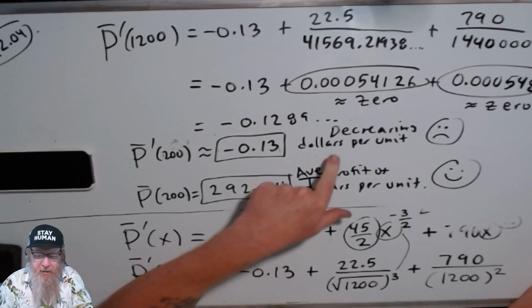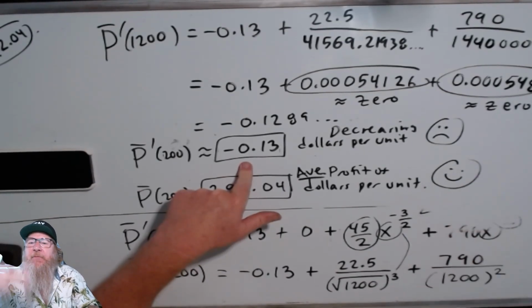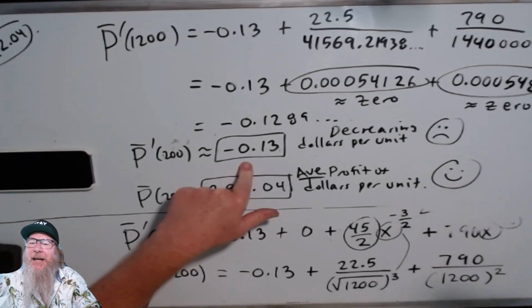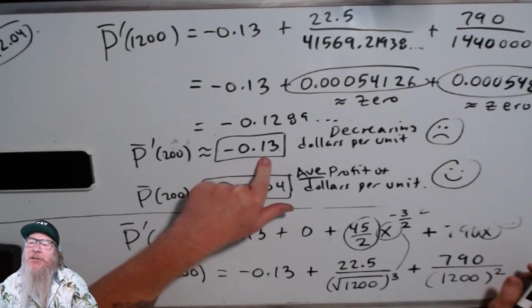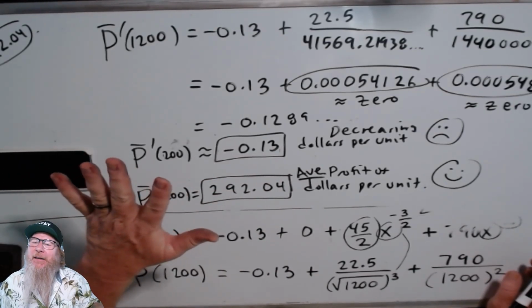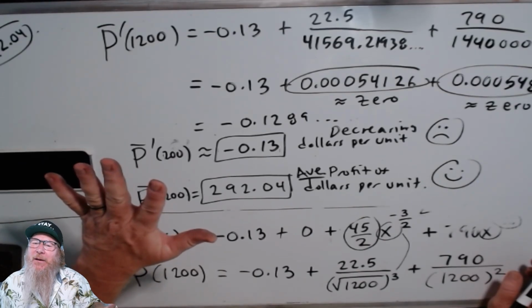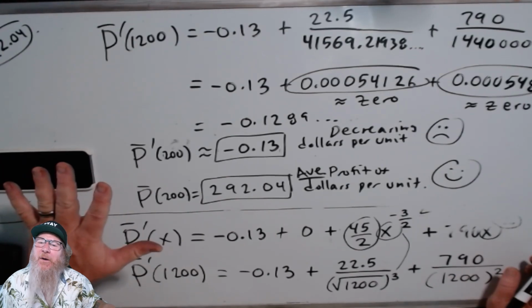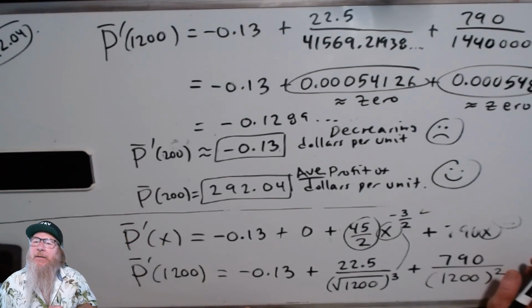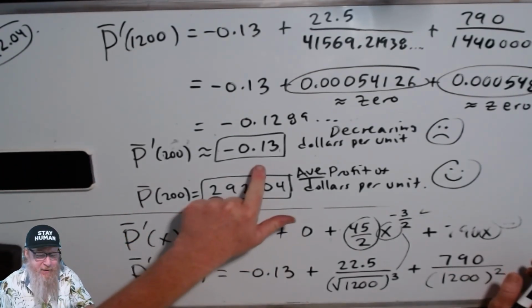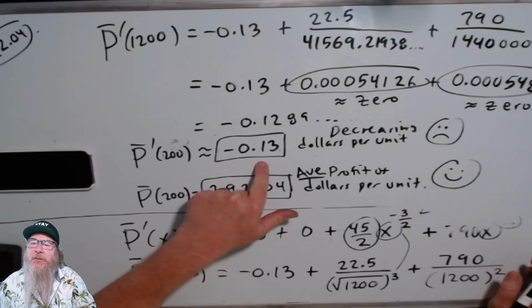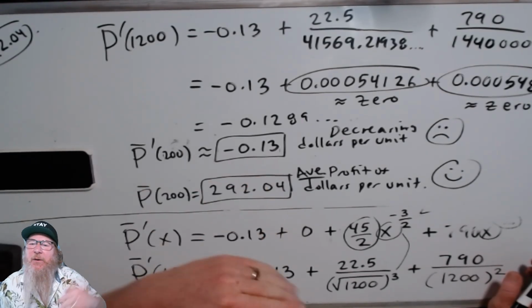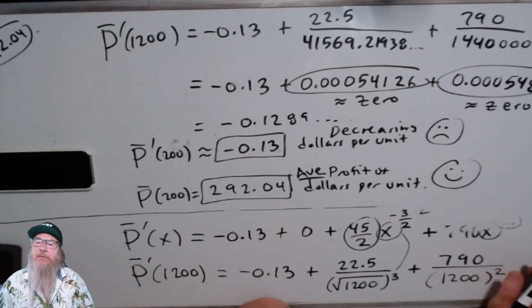But we're losing money every time we sell another unit. Now, we're not losing much. We're losing 13 cents on average, right? So it might be time to rethink our model, rethink our scheme that we have going on here. You never want your marginal average to be negative because that means it's going the other way around, unless it's cost.